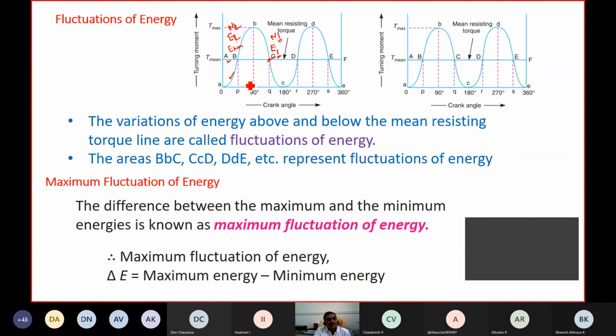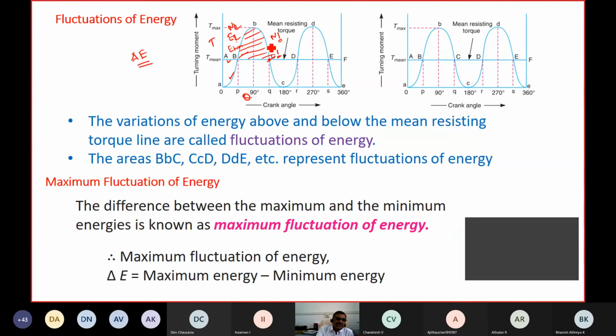Now, what is the excess energy? This will be the excess energy. If you find the area of this portion, that will be the excess energy. That is denoted by delta E. Energy means T into theta. This is T, this is theta. This is the area, T into theta. So you have to find it like this.